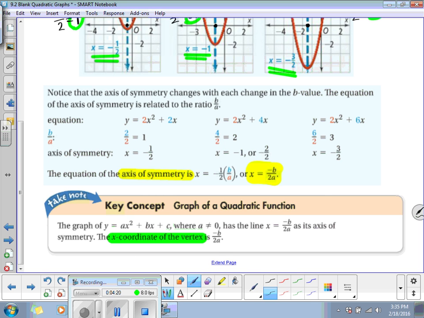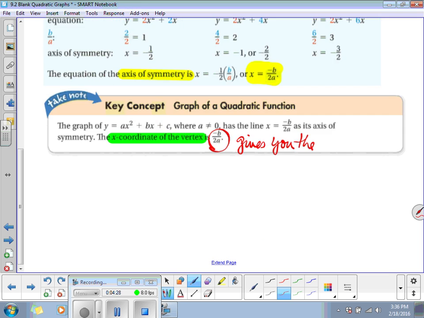So this also gives you the x-coordinate for the vertex.